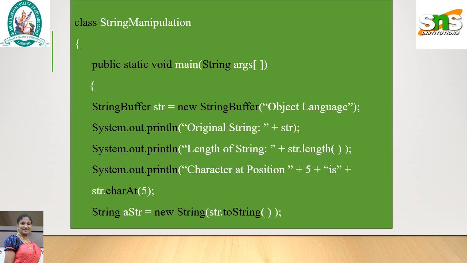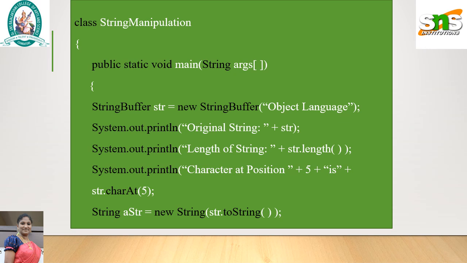This is an example to demonstrate the concept of the StringBuffer. Here, the initial value of the StringBuffer object str is equal to object language. That will be displayed as the original string. After that, I am finding the length of the string. The length method returns the number of characters in the specified string, including the spaces.